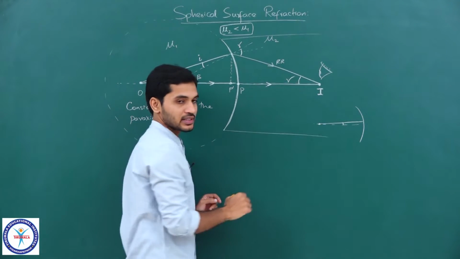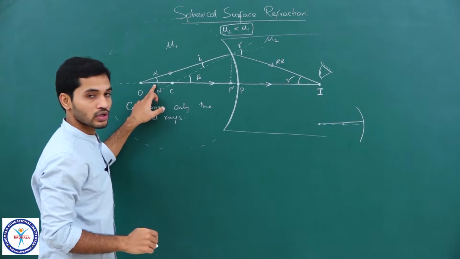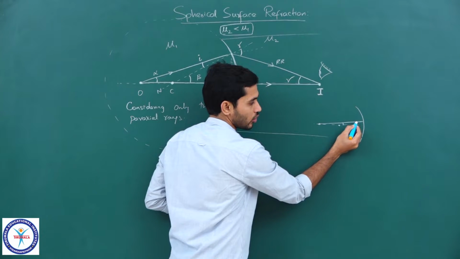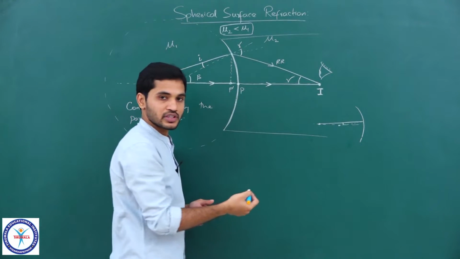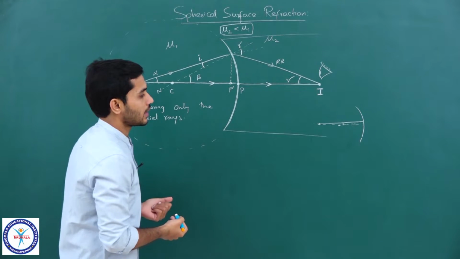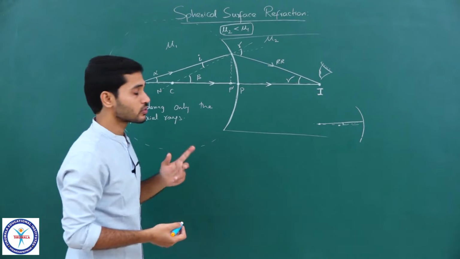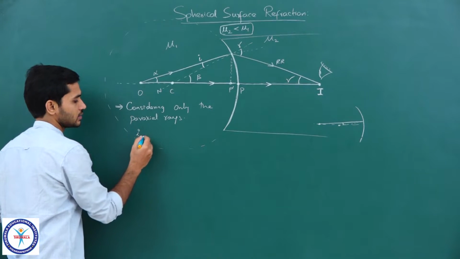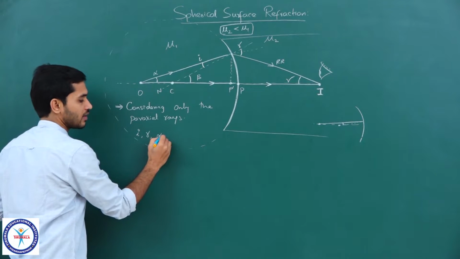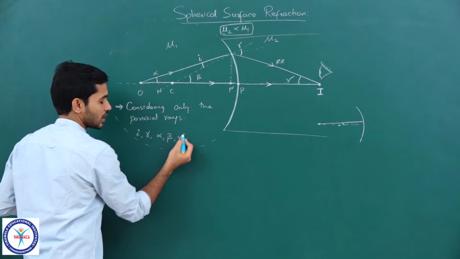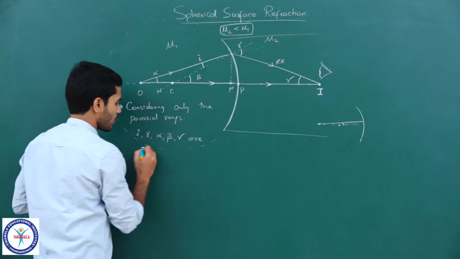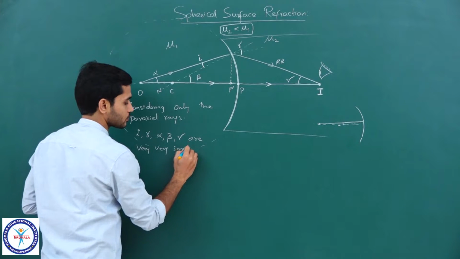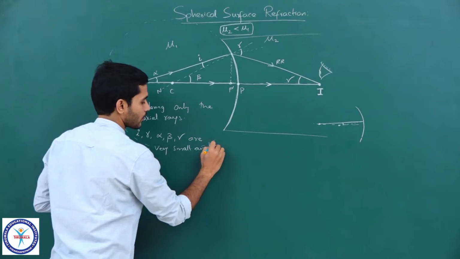Now, if you look at this particular scenario, can I say that alpha will be very small, and if I consider that the center of curvature is somewhere over here, if I draw a normal passing through this, even beta will be very small, gamma will be very small, and even the angle of incidence will be very small. So, when I consider only paraxial rays, I can say that I, R, alpha, beta, gamma are very small angles, correct students, right.